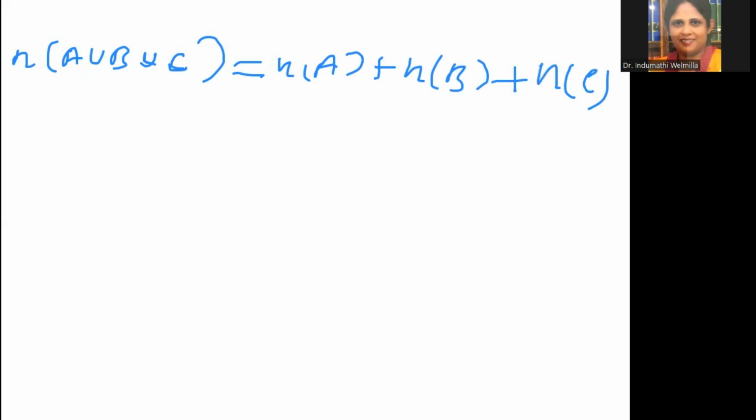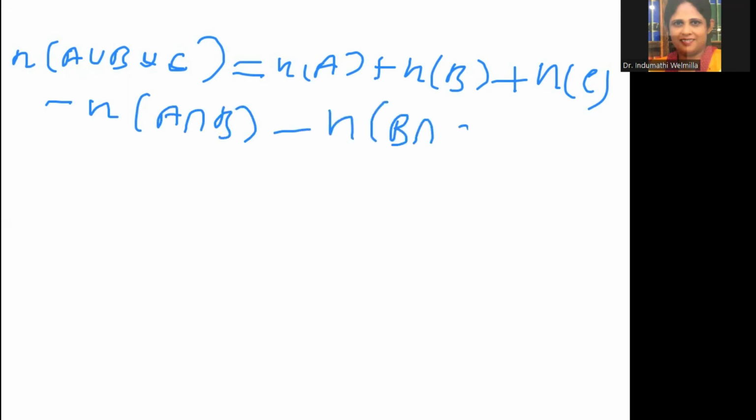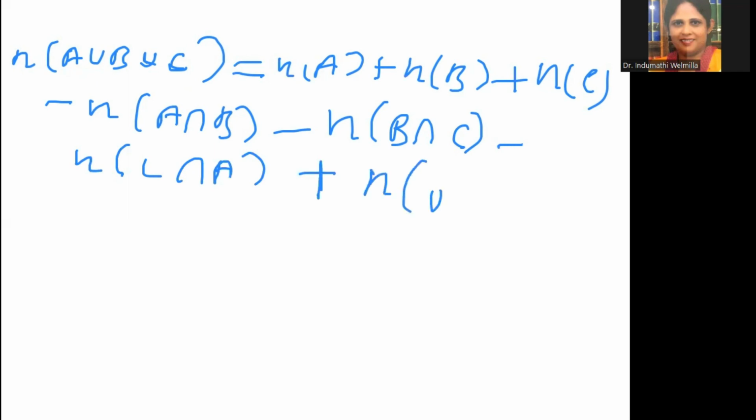And we have to deduct n(A intersection B) once, and n(B intersection C), and minus n(C intersection A), and then we have to add finally n(A intersection B intersection C). Okay, so that is another important formula.